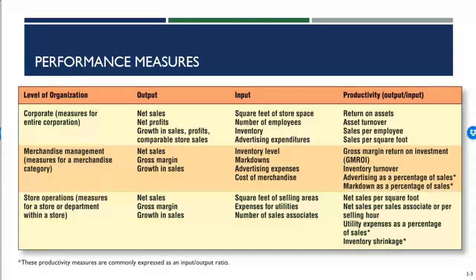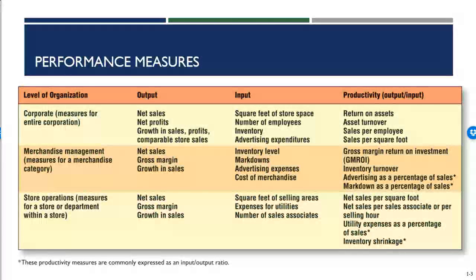What are our profits? Are we meeting enough sales to cover our costs? Are our sales growing? Are we comparing sales from store to store if we're a large chain? Or do we have some stores performing worse or better than others? Those are all output measures that we look at, and they generally focus on financial performance.